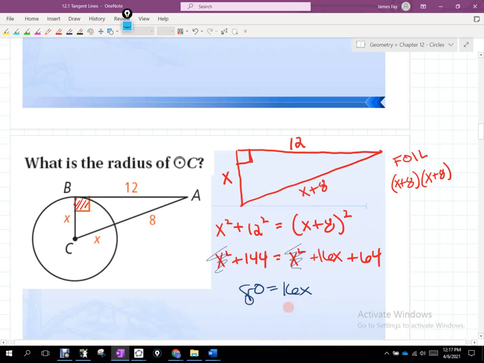If I divide by 16, does that give me 5? And if you know anything about Pythagorean triples, 5, 12, and that side has to then be 13 if that's the case.